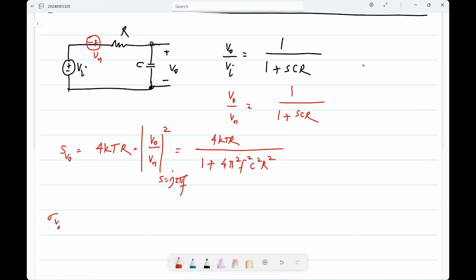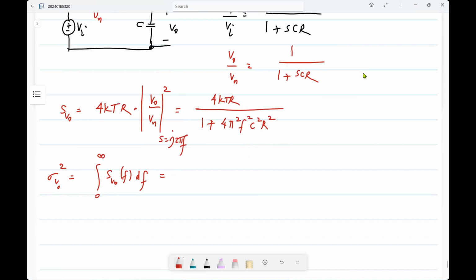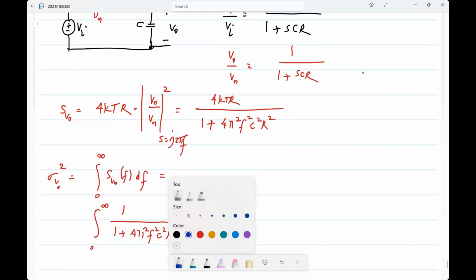And then the variance of this, which is also the mean square value of the output noise, is the integral of this from 0 to infinity. And what do you get if you integrate it? kT by C, yeah. So if you integrate this, you can just change the variable.